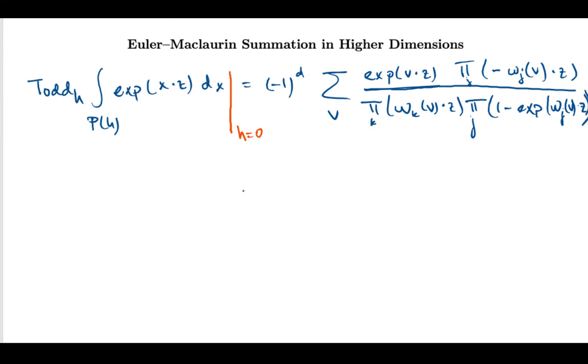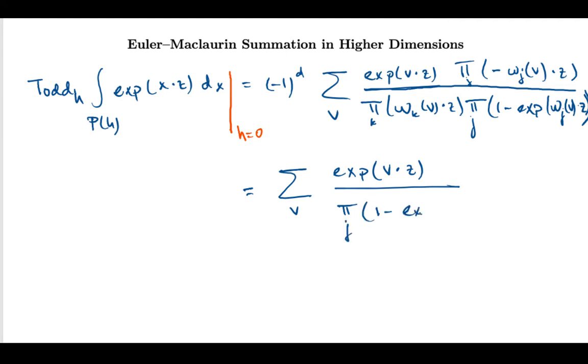So the minus 1 to the d goes away, and we have these dot products of wj dot z. They cancel. And so what remains is this exponential v dot z, and these terms, 1 minus e to the generators.